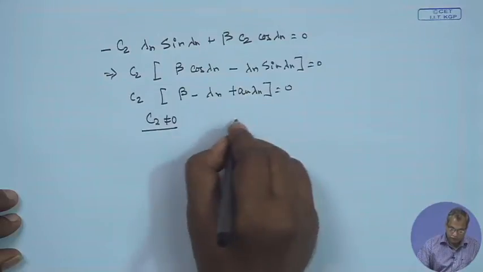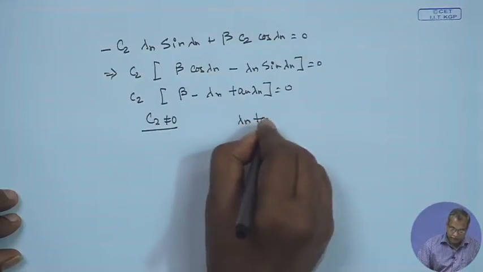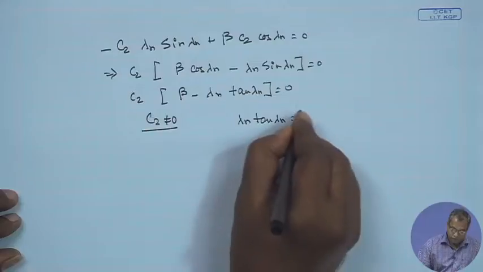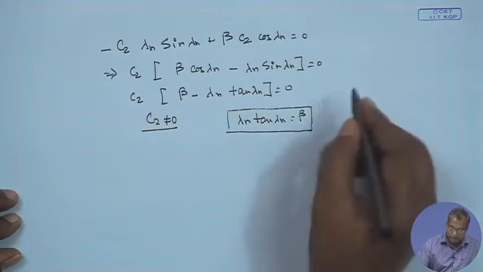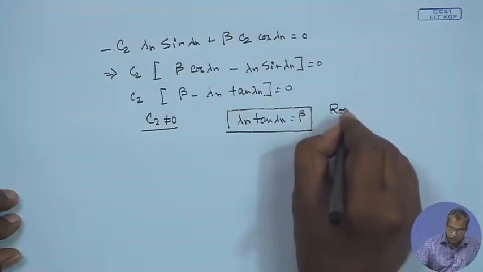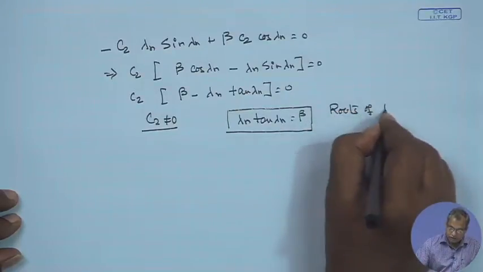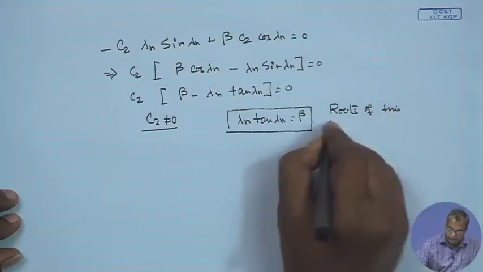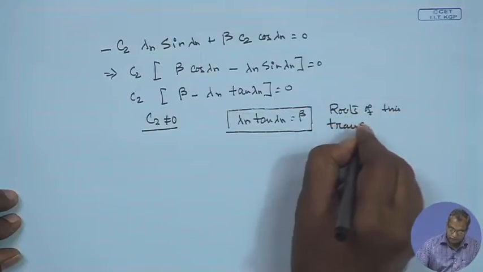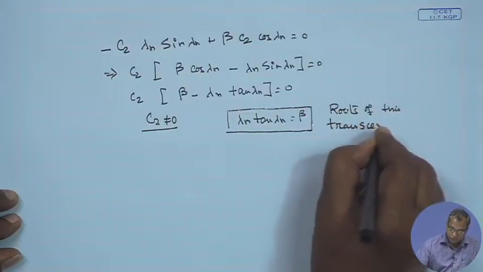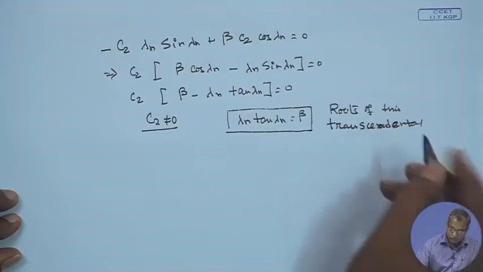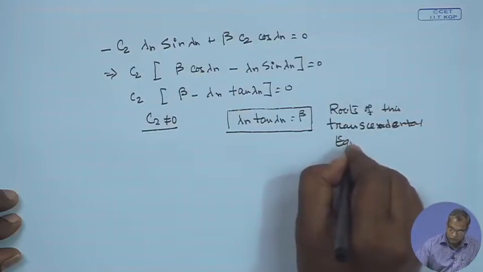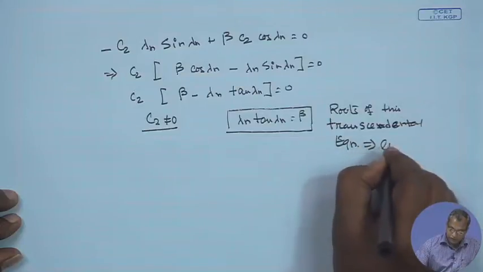So the only option is lambda n tan lambda n is equal to beta. So the lambda n are nothing but the roots of this transcendental equation, and the roots of this transcendental equation are the eigenvalues.